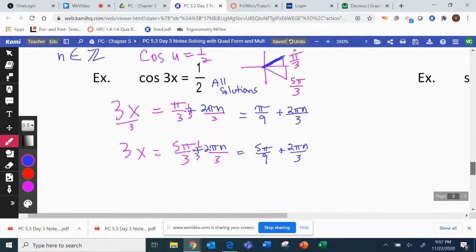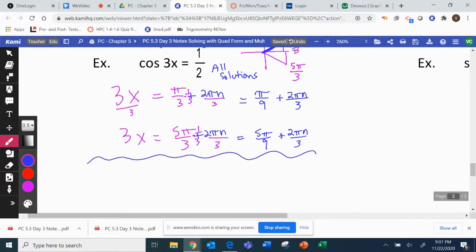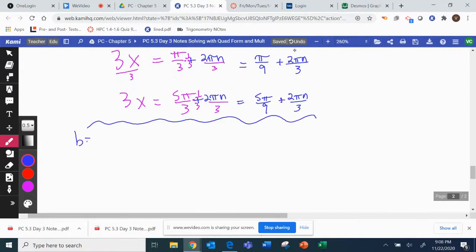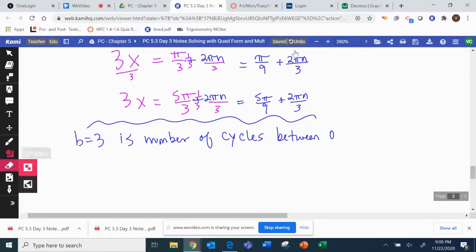One thing that we learned, hopefully, when I was doing those Desmos examples, is that the B number, this number right here, B equals 3, is the number of cycles between zero to 2 pi.